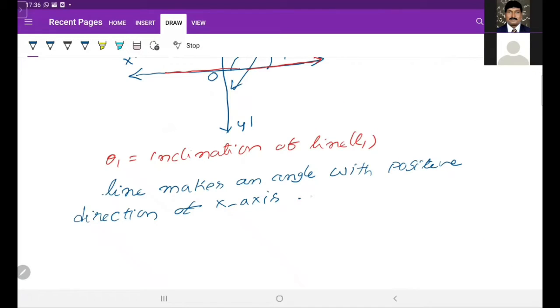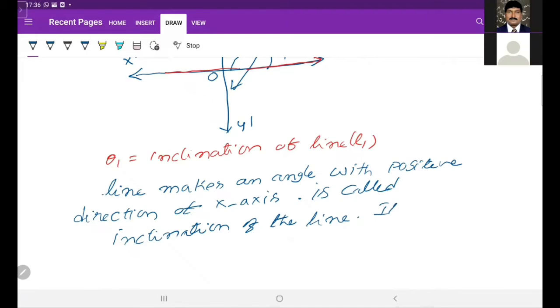The angle the line makes with the positive direction of the x-axis is called the inclination of the line.